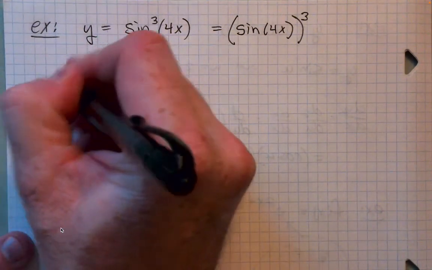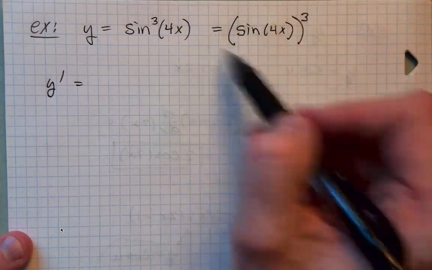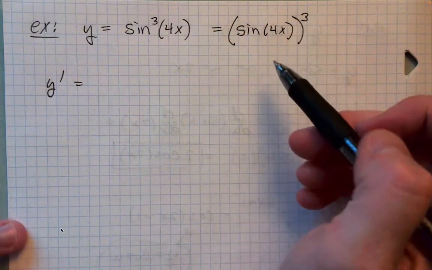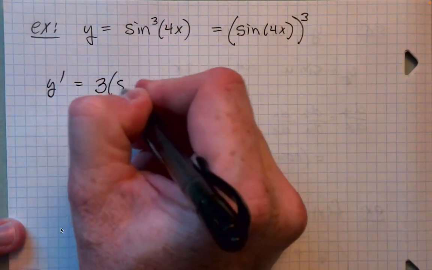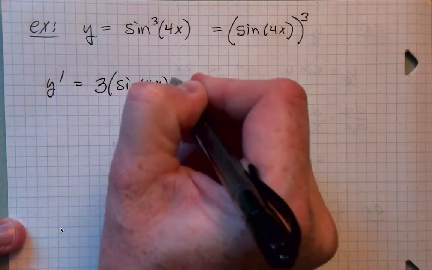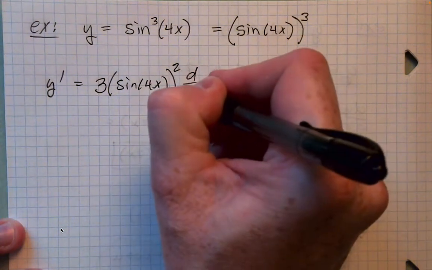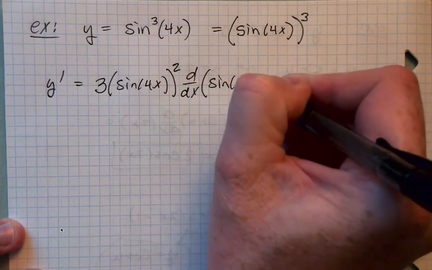So y prime, now recognize that the most outer part of it is just the cube function, right? So I can easily differentiate that and write 3 times the sine of 4x squared, right? And then I need to differentiate what's inside of that, which would be sine of 4x.